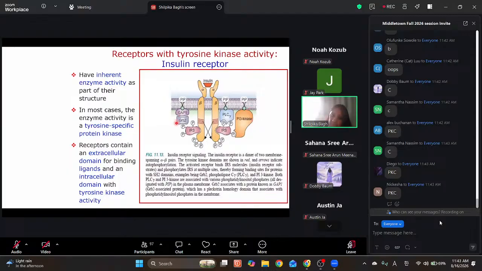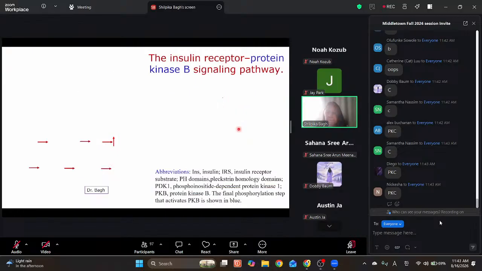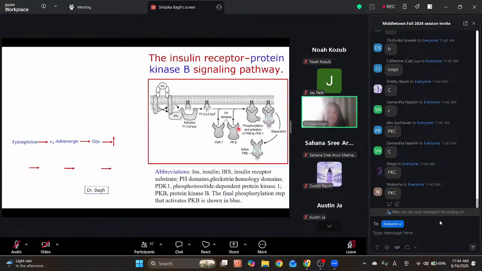When it docks these proteins, they have different outcomes. If insulin has to do growth factor-like activity, it will not dock phospholipase C or PI3 kinase. It will dock GRB2, and then you go to the RAS pathway and complete it. Does that make sense? So insulin docks different proteins for different outcomes.